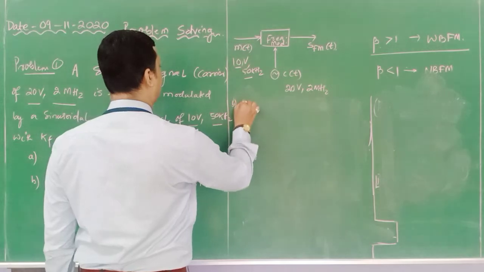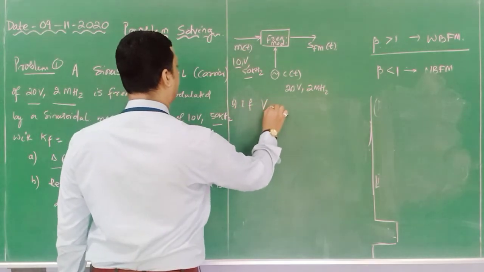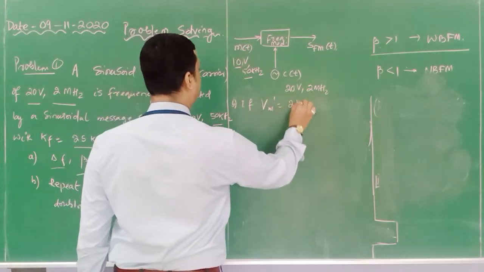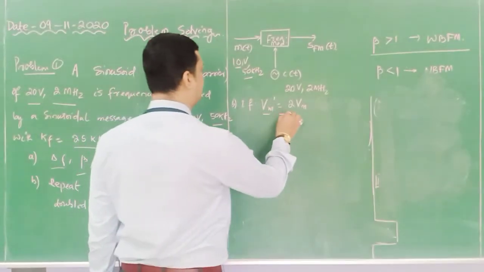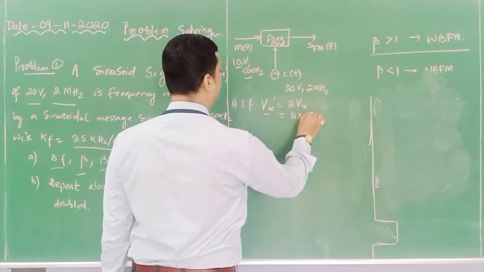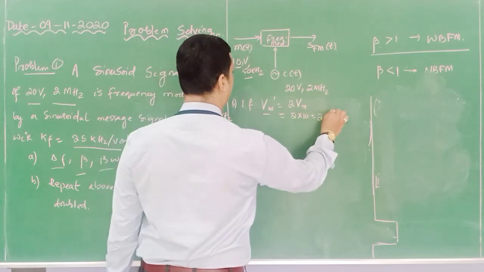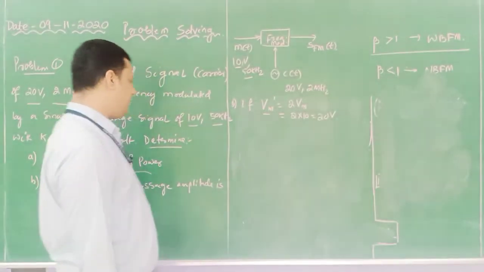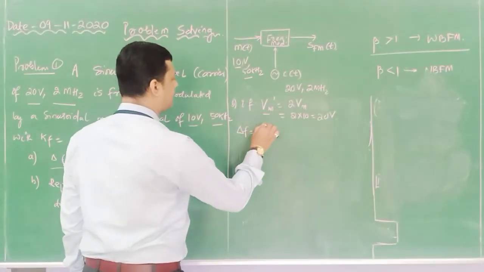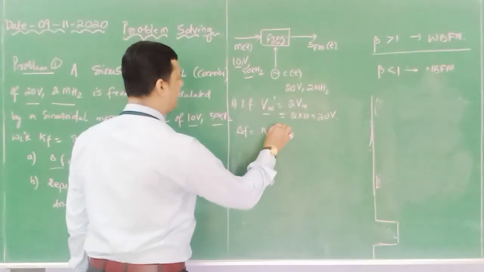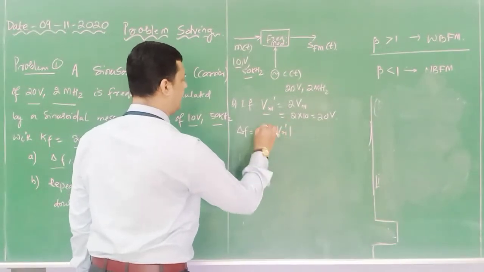Now part B, if Vm dash is the new amplitude of the message signal, it will become 2 into 10, 20 volt. Okay, step by step once again. So what is del f? Del f is equal to kf into Vm dash.